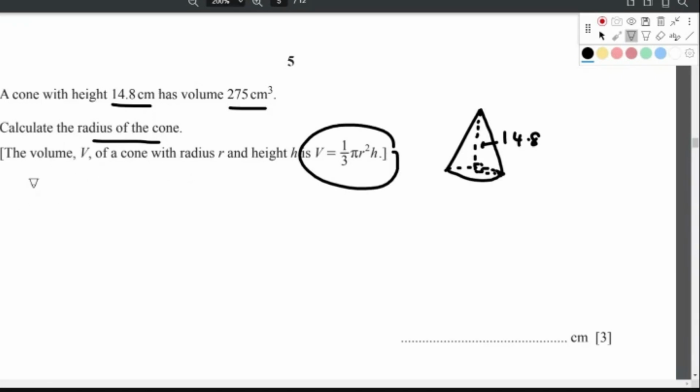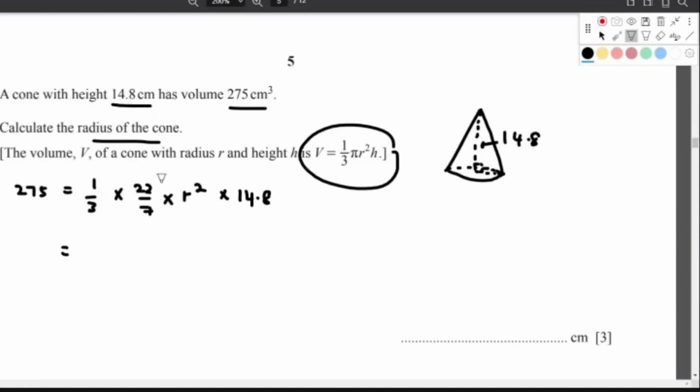Just work with that. So, V equals 1/3 pi r squared, where r we don't know, but we do know the height is 14.8. The volume of the cone is 275.